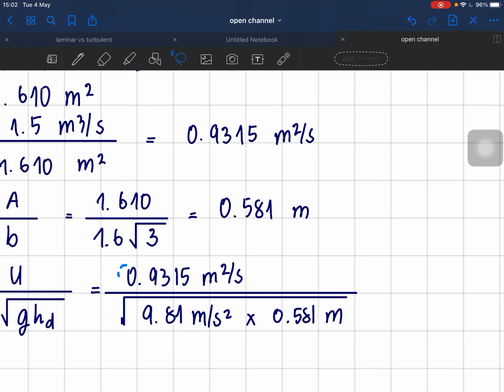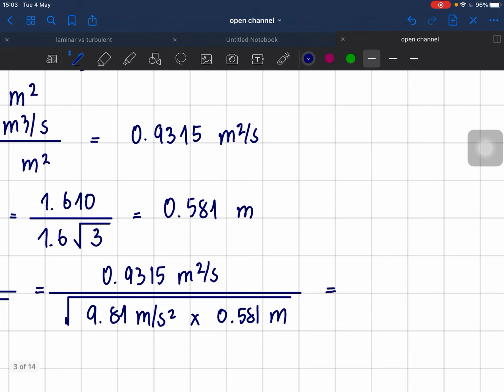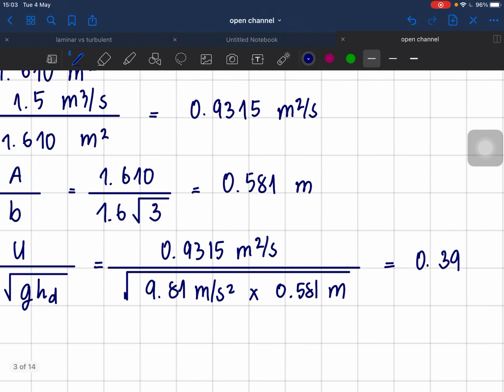See, it's much better than just drawing the line first. So the answer that I got here is 0.98. Oh, 0.9315 divided by 9.81 times 0.51. 0.39. Okay, so this is the Froude number.